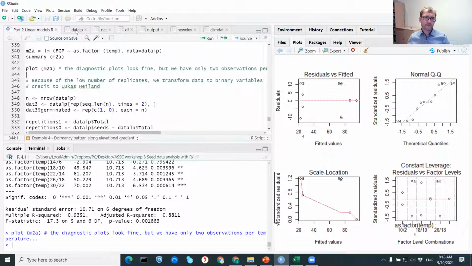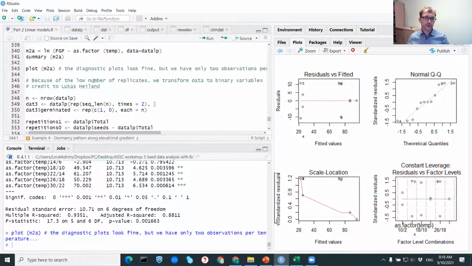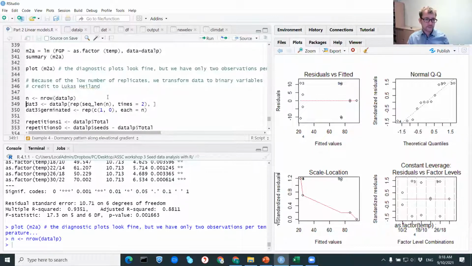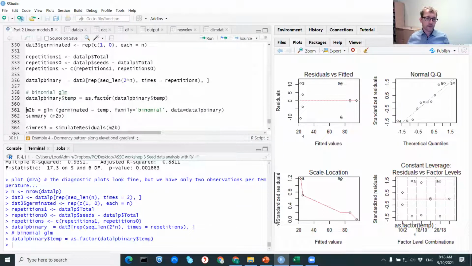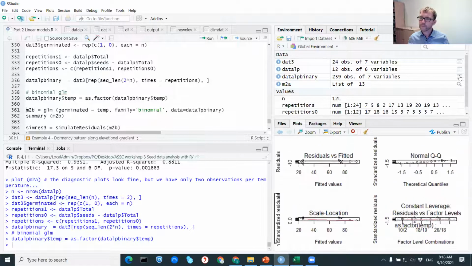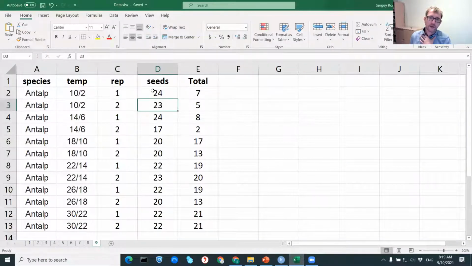So one option here would be to switch from germination percentages, from proportions, to binary data. I'm going to do some coding here. And now our transformed data look different. So what I did here, for example, I had 24 seeds sown in the petri dish at the beginning of the experiment, and only 7 of them germinated, right?